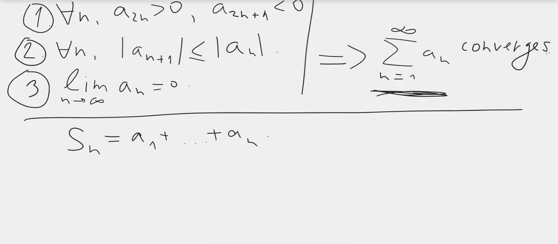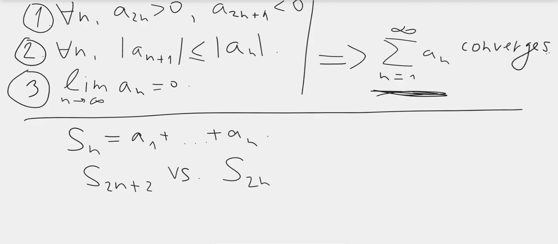Now we calculate S2n plus 2 and compare it to S2n. So we compare these two partial sums.